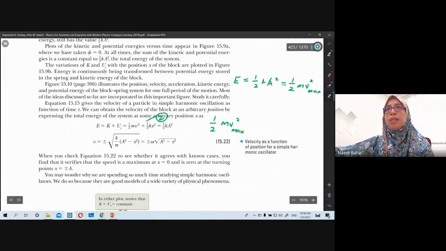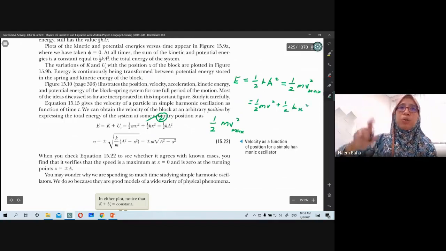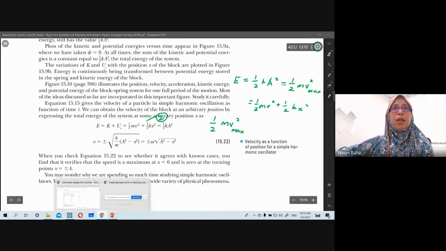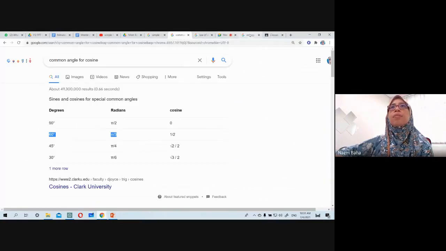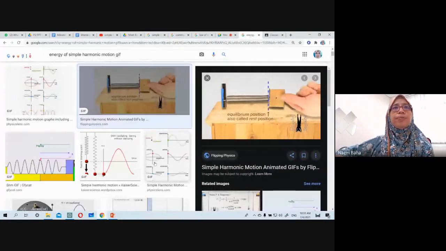And the third method is like a 3-long expression connected to one another. I don't have enough space here. So it should be half m v squared plus half k x squared. Okay, before we go further, we need to understand first why there are 3 expressions. And for that reason, let's have a look here.